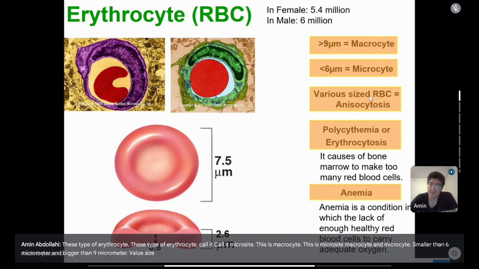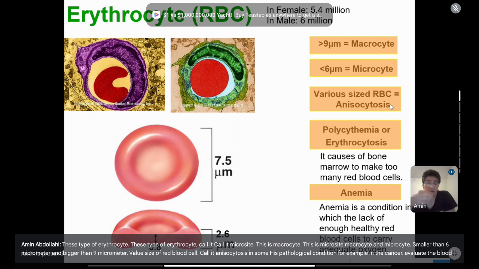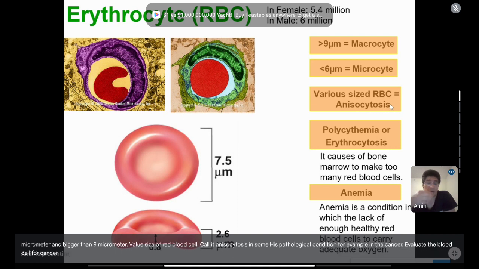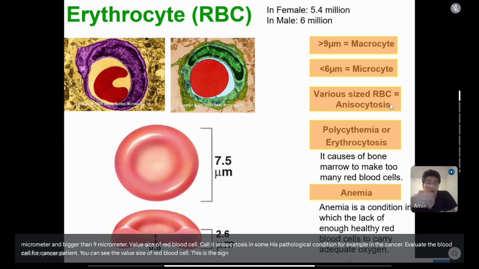Various sizes of red blood cells are called anisocytosis. In some pathological conditions, for example in cancer, if you evaluate the blood cells of a cancer patient, you can see various sizes of red blood cells. This is the sign or the landmark to recognize some clinical applications related to the red blood cell.